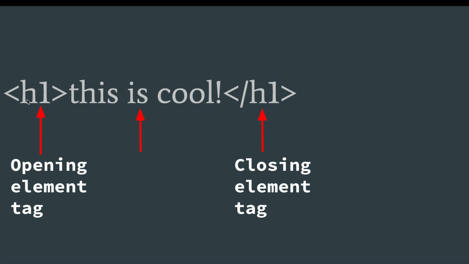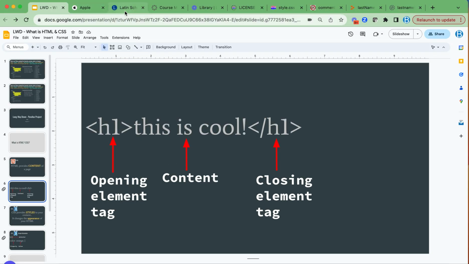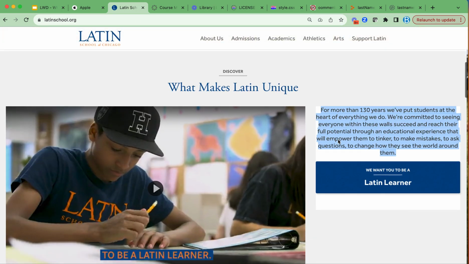But inside those tags are these elements, and sometimes they're H1, sometimes they're P for paragraph, H stands for heading. Sometimes you'll see IMG for images. Either way, you've got an opening tag and a closing tag, and inside you've got the content, okay? And the content is what's going to show up on the web page. So again, going back to the Latin School web page, this is the stuff in HTML. This is just what's written in text.